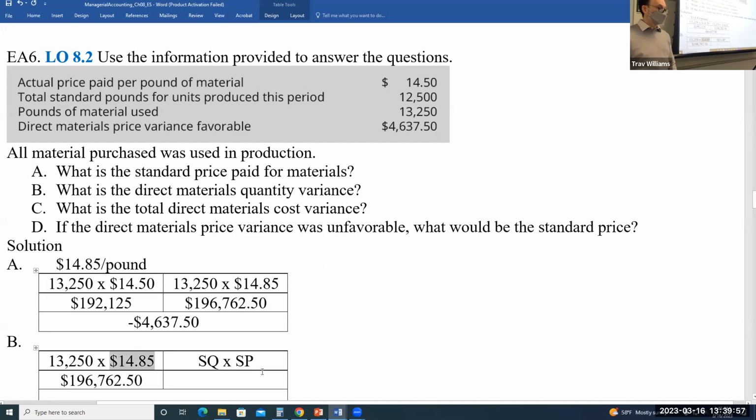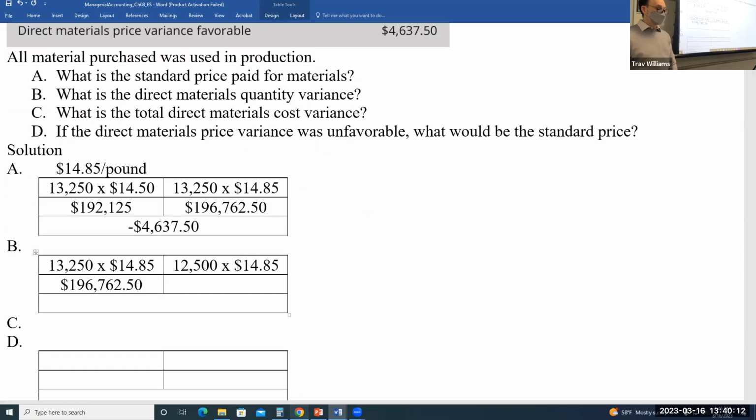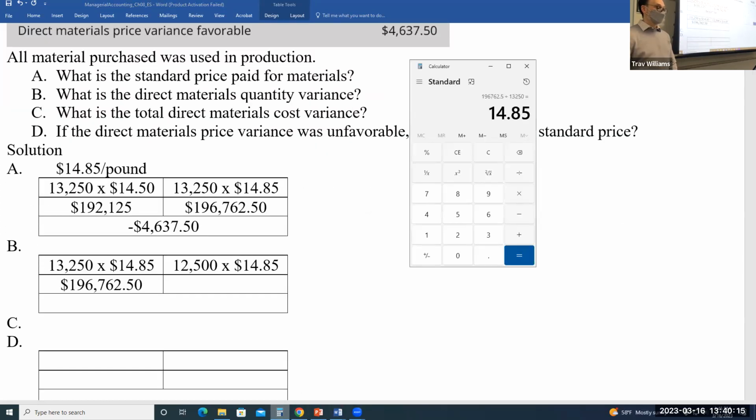Okay. We know what our standard price is because we just calculated it. Standard quantity is up here. It's the 12,500 standard pounds. So then we can just continue with our calculations.